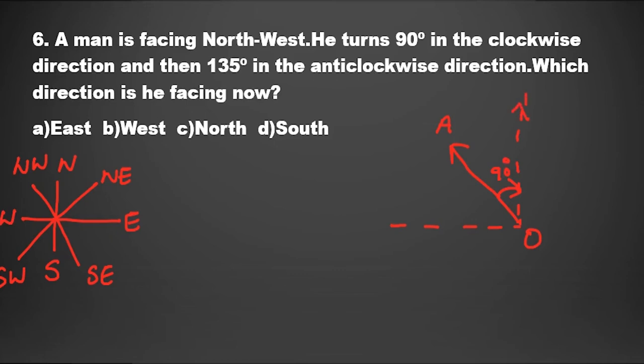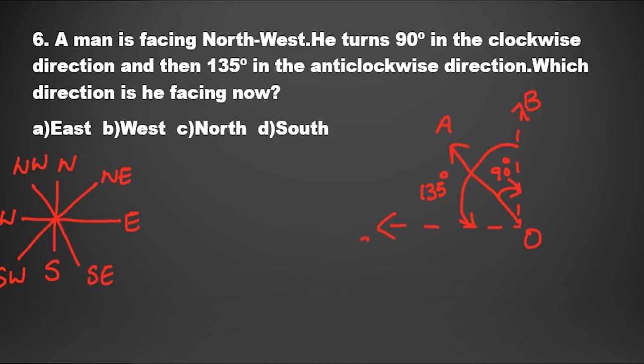Up to OB. OB is the direction, and then 135 degree in the anti-clockwise direction. That means from OB he turns anti-clockwise 135 degree, and this direction should be towards west.